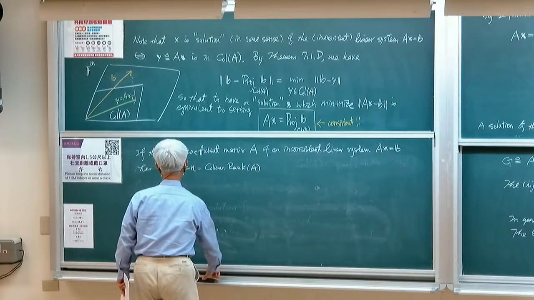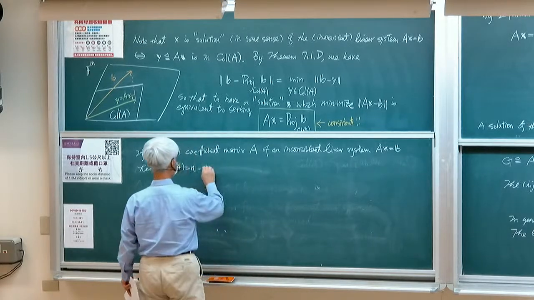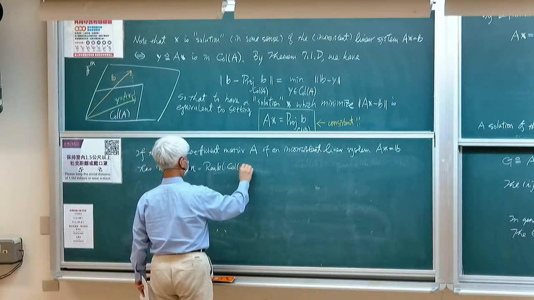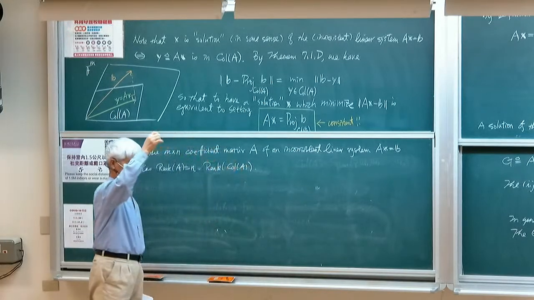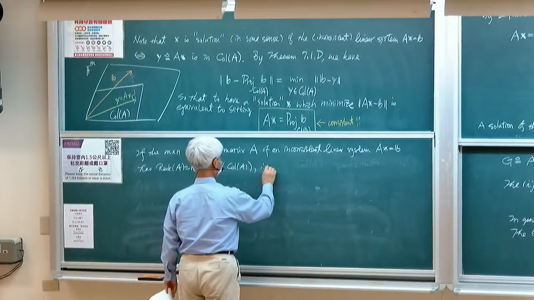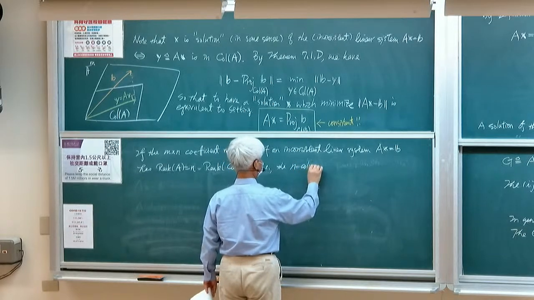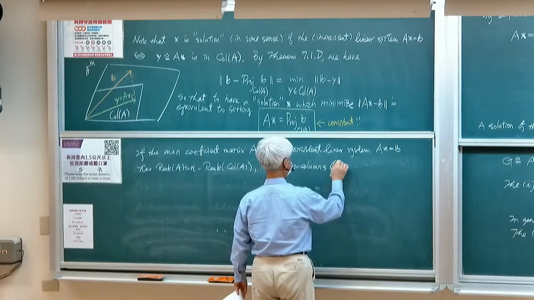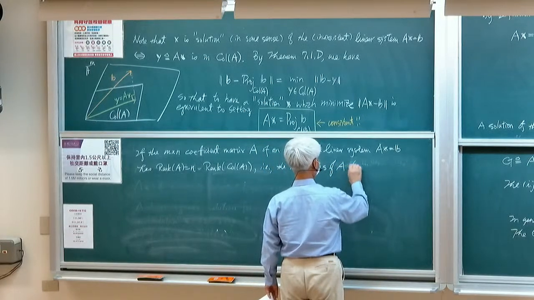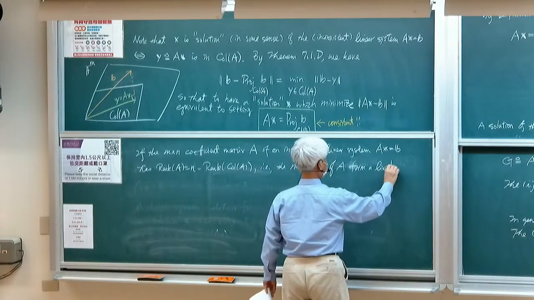Okay, so this is actually the rank of the column space of A. It means that the n columns of A form a linearly independent set.